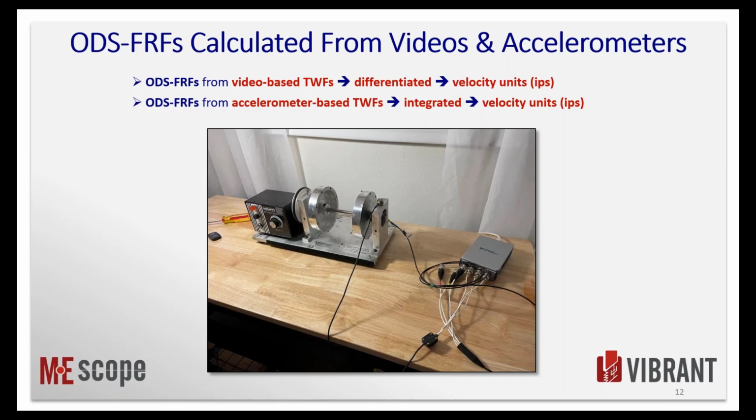I can differentiate that data and get velocity units, either on my ODS-FRF data directly or on the ODS that I extract from, let's say, a resonance peak or an operating frequency peak in the ODS-FRF. And then in the same manner, I can take ODS-FRFs that I've calculated from accelerometers and integrate them. So now I can make a direct comparison in velocity units of the accelerometer with the video.